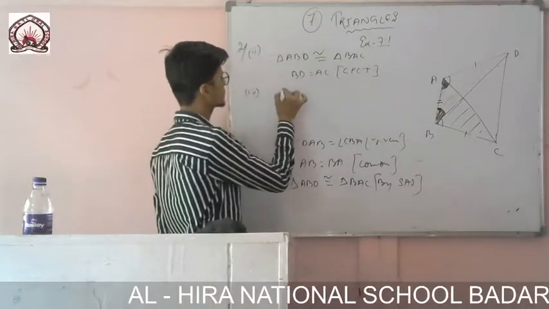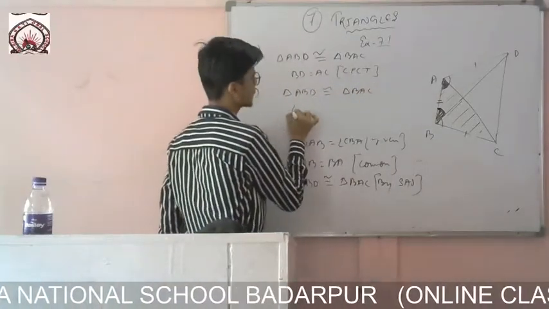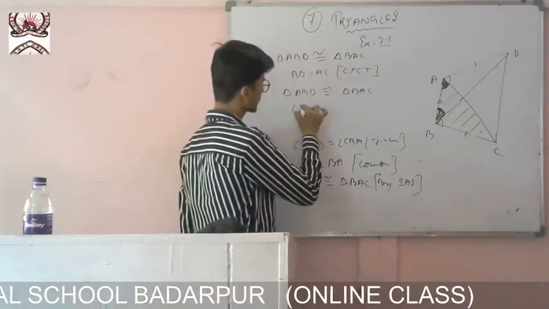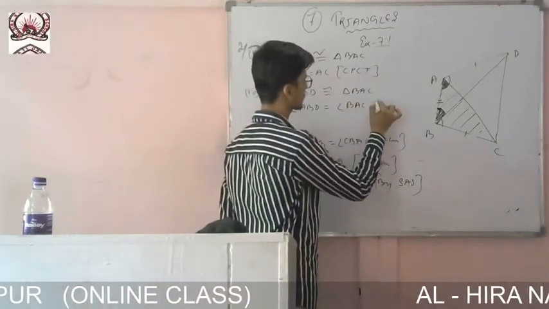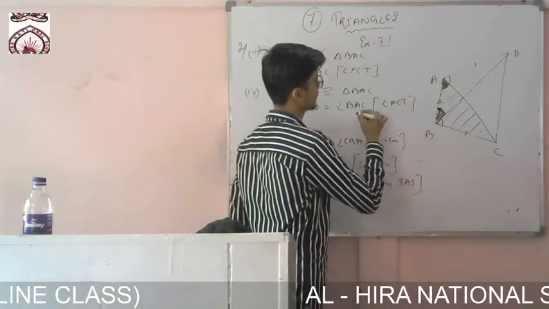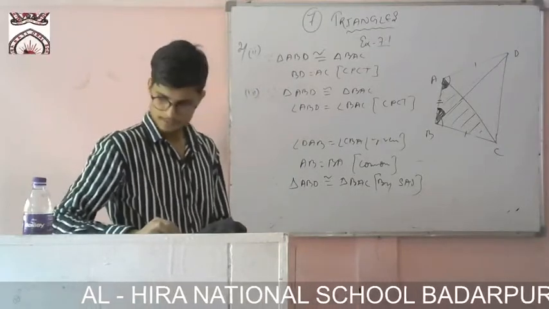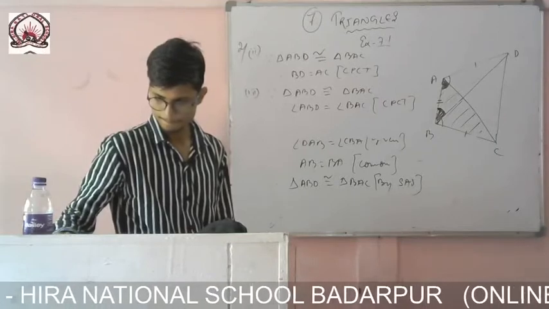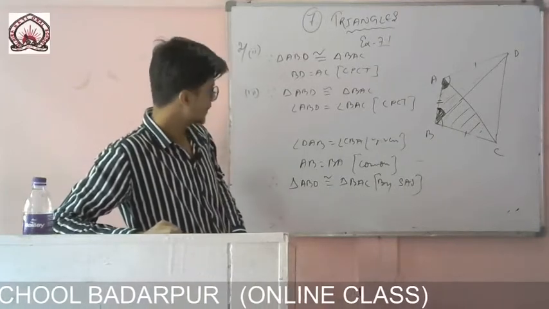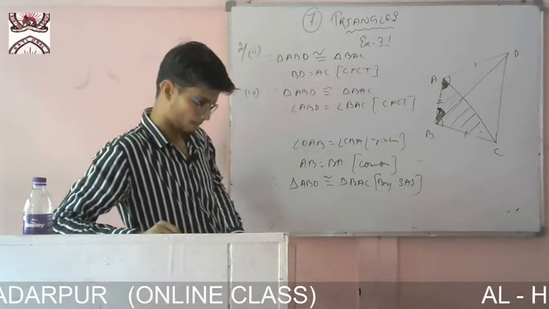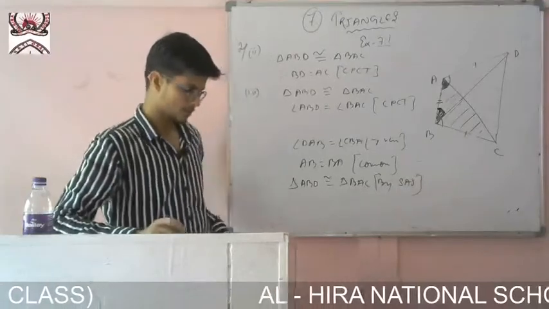So again I can write: since triangle ABD is congruent to triangle BAC, angle ABD equals angle BAC, by corresponding parts of congruent triangles. So this question is finished here.